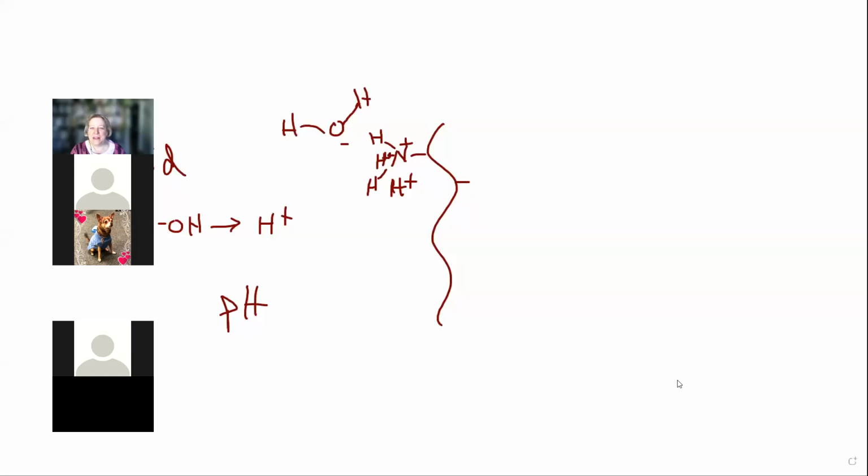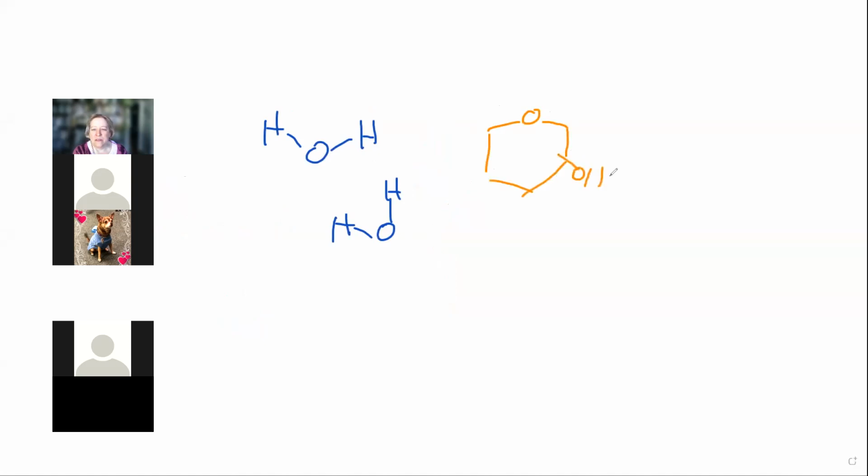Let me go ahead and clear my drawings here. Okay, so very good question. So let's go ahead and let's get some water going here. And let's go ahead and we will put a sugar. We'll do glucose because it's fairly quick.